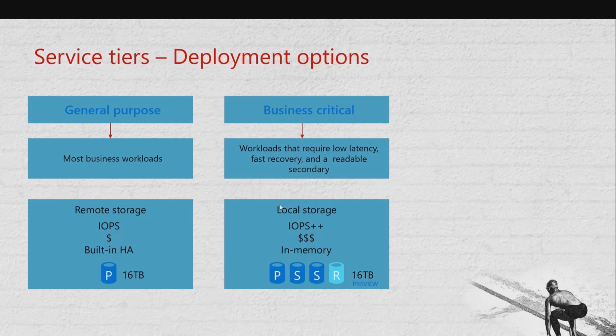The second service tier we've got is called Business Critical. This one is for the workloads that require, I will say, the lowest latency, the fastest recovery, and a readable secondary. You will get not one, not two, not three, but four different replicas joined together within a fully synchronous availability group, with 16 terabytes of storage currently in preview, and maybe if you're watching this recording, it's already in general availability.